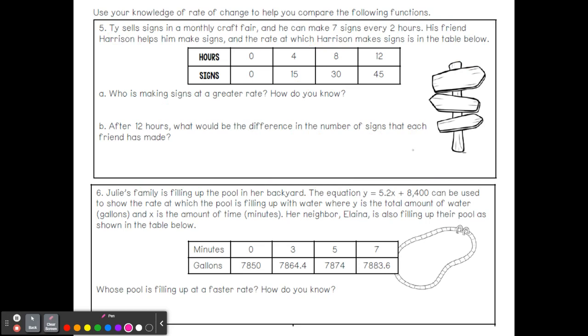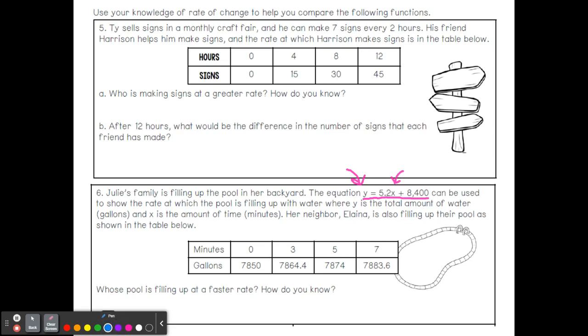Julie's family is filling up the pool in her backyard. So this is the equation that can be used to show the rate at which the pool is filling up with water, where y is the total amount of water that's going to be in the pool after a certain amount of time. Okay, so her neighbor Elena is also filling up their pool as shown in the table.